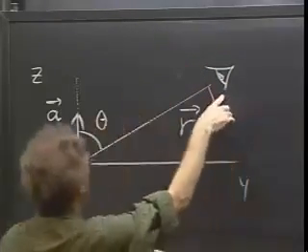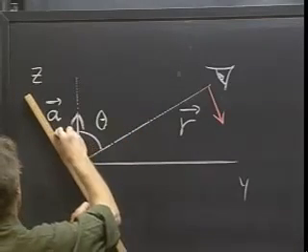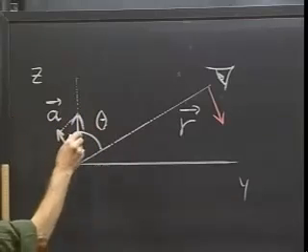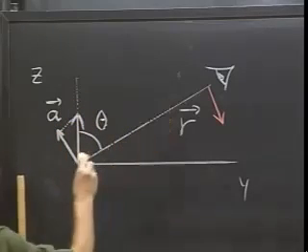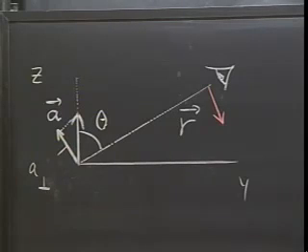I will return to this. It's in the opposite direction as A perpendicular. This vector, which is the component of A perpendicular to r, is called A perpendicular. If q is positive, then this E vector is in the opposite direction of A perpendicular.